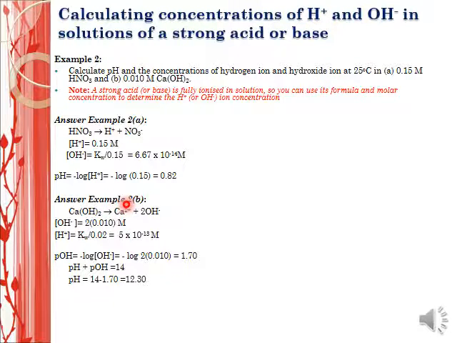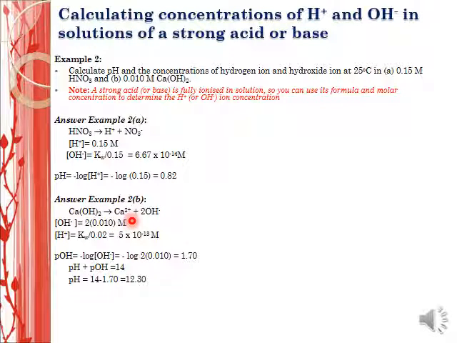Here we have OH2, 2 hydroxide, so therefore we have to have 2 in the product side as well, so we put 2 in front. Now to calculate hydroxide, because we can see it is referring to 2 hydroxide, we have to multiply by 2 to get the concentration of hydroxide.